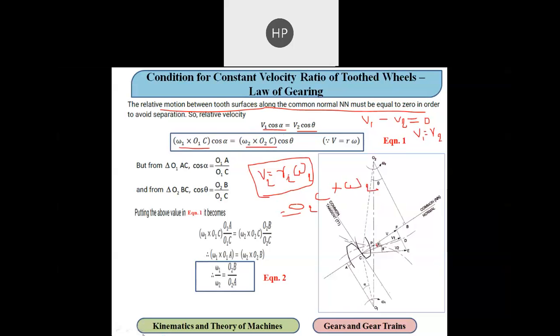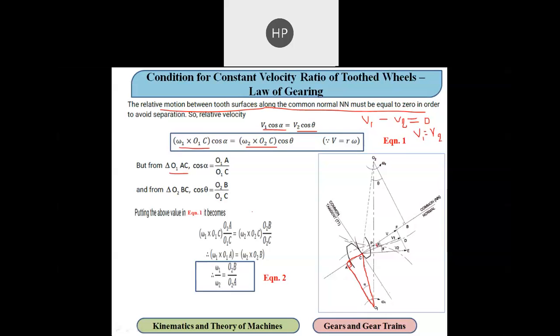Now we have already drawn these two triangles over here. What are these two triangles? One by one we are going to discuss them, because we have to solve it. First we consider triangle O1AC, and in that triangle this one is 90 degrees.